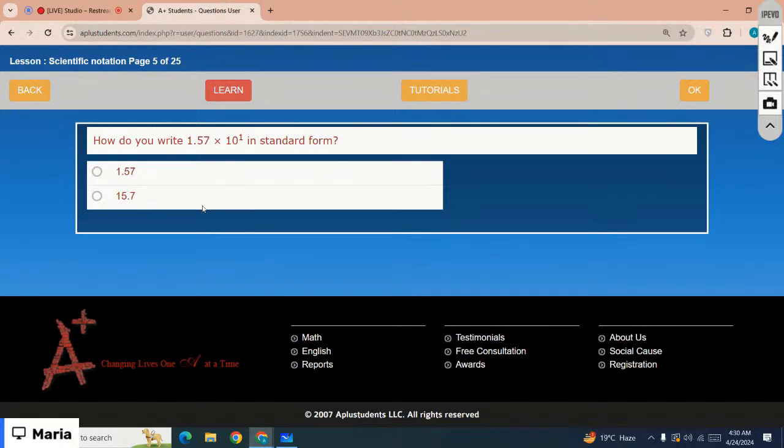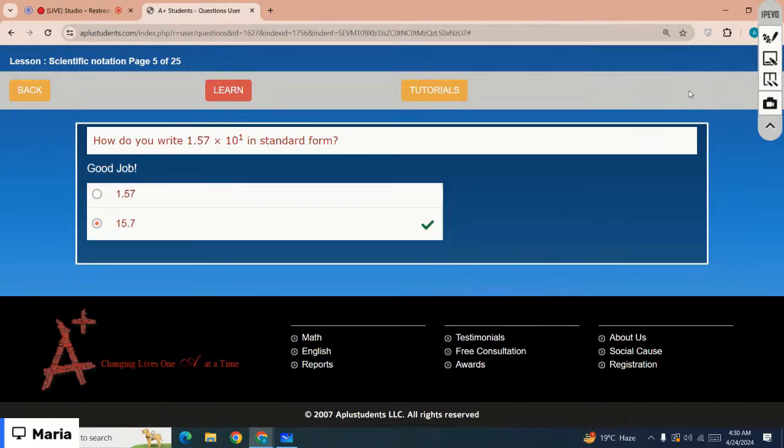The correct option is option number 2. You need to move the decimal point 1 place right, so option number 2 is the correct option.